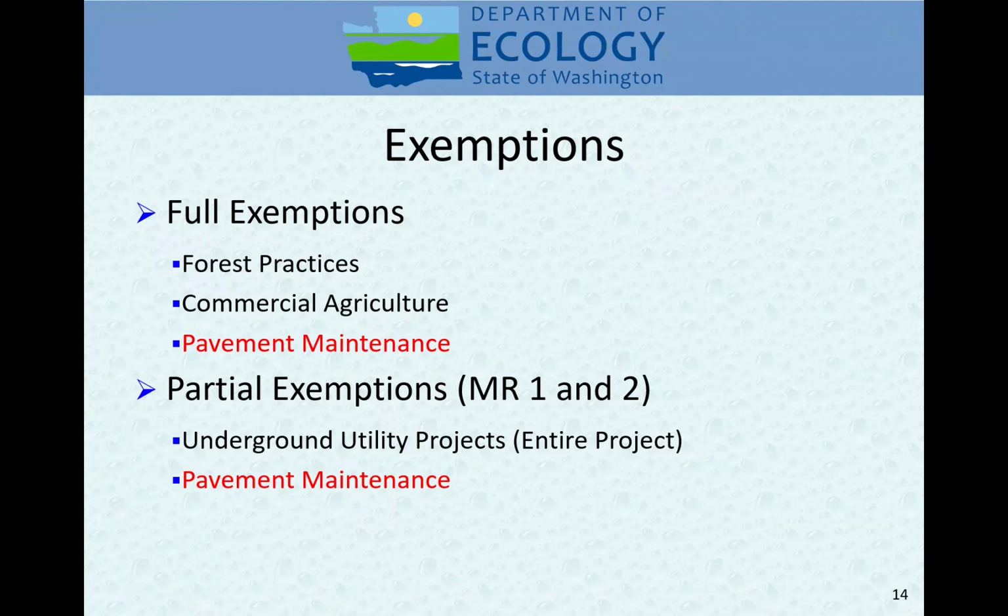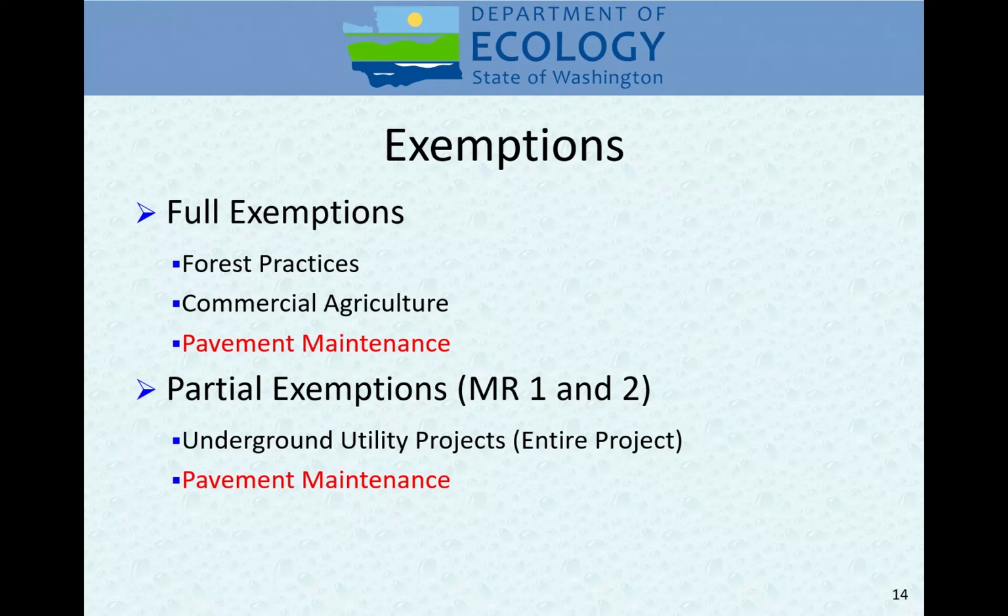If a jurisdiction or a utility needs to install a pipeline in a right-of-way, and they need to remove the asphalt surface, dig the trench, pile the trench material next to the trench, put a pipe in the ground, replace the existing pipe, or put a new pipe in the ground, and backfill that and put new surfacing over that.